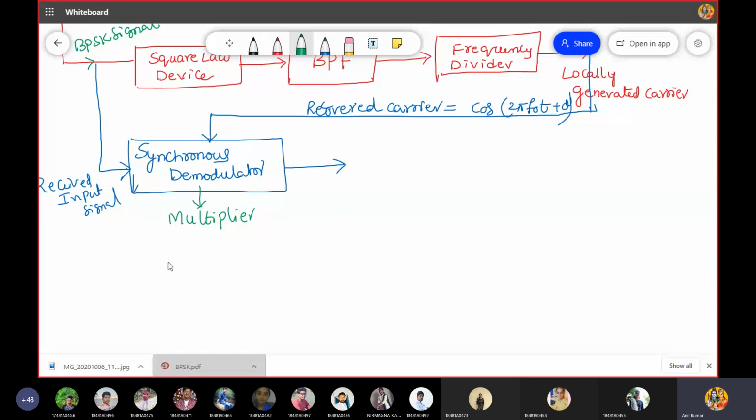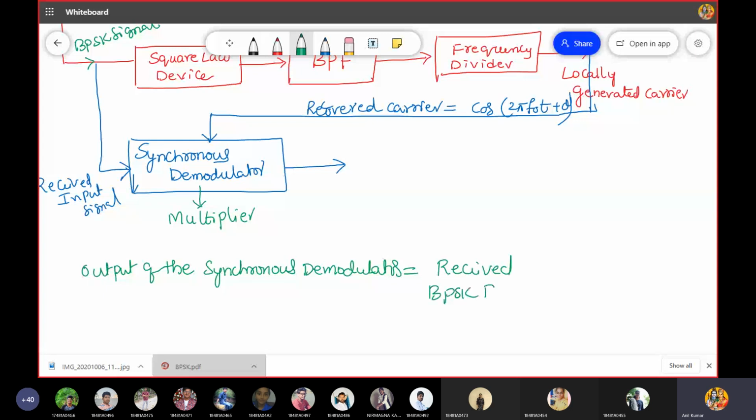So the output of the synchronous demodulator is equal to the multiplication between the received BPSK input signal and the recovered carrier.